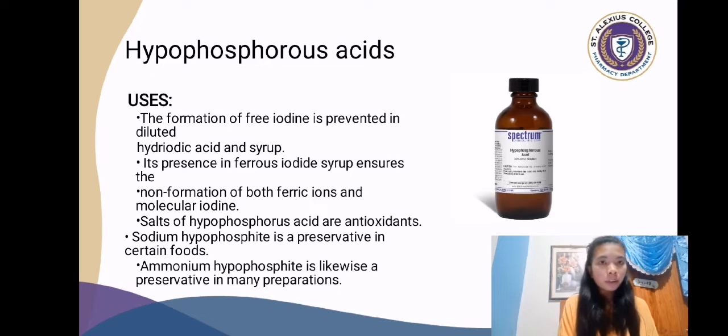So, there are different examples of antioxidants. First is the hypophosphorus acids. The use of this is that the formation of free iodine is prevented in diluted hydriodic acid and syrup. Its presence in ferrous iodide syrup ensures the non-formation of both ferric ions and molecular iodine.